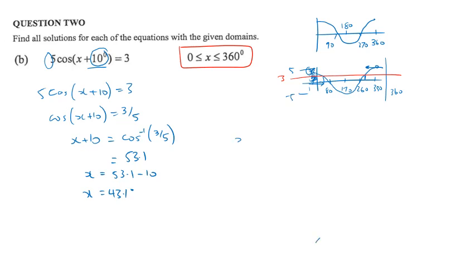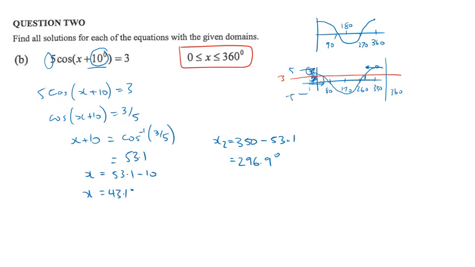So I'm going to go 350 minus the 53.1, which will be 296.9. Just double check that for one of those sort of mistakes. Maybe I'll put it into my calculator wrong. Yep, so that was correct.